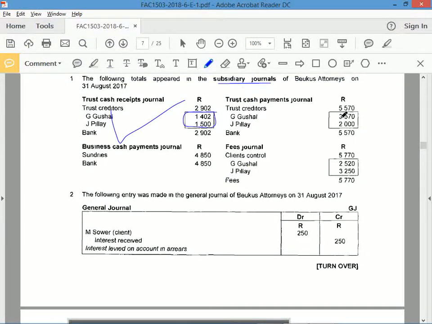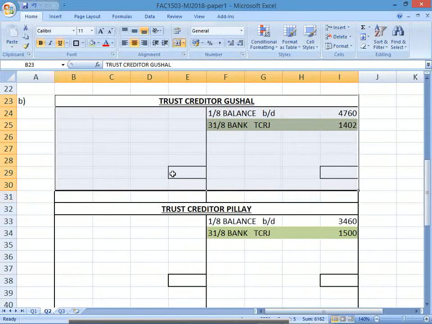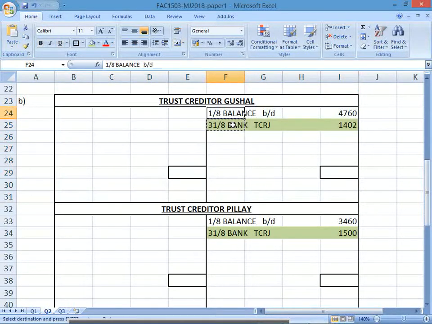Trust cash payments, I need to look at each of these individual clients. So if it's a trust payment, it's going to reduce the liability. Liabilities are reduced on the debit side. Okay, so it'll be bank, trust cash payments journal. That would decrease the liability.